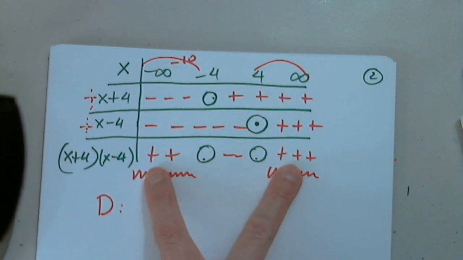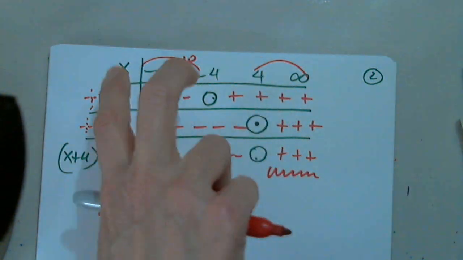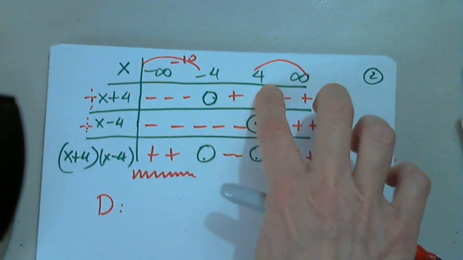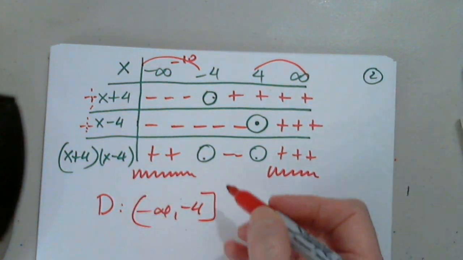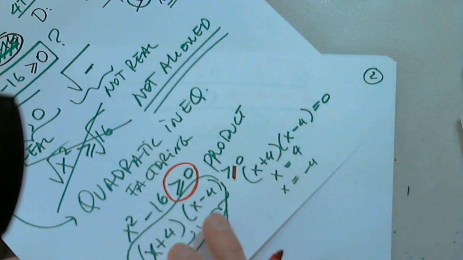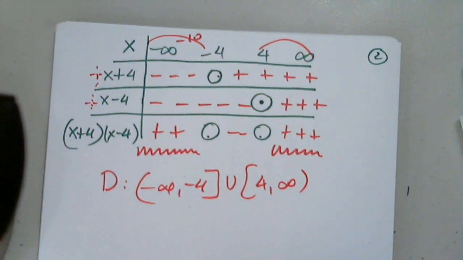The product is positive for which x values? From -infinity to -4, and then 4 to infinity. -infinity, -4. I will close and keep 0 because of the equal symbol. Union 4 to infinity. That's it.